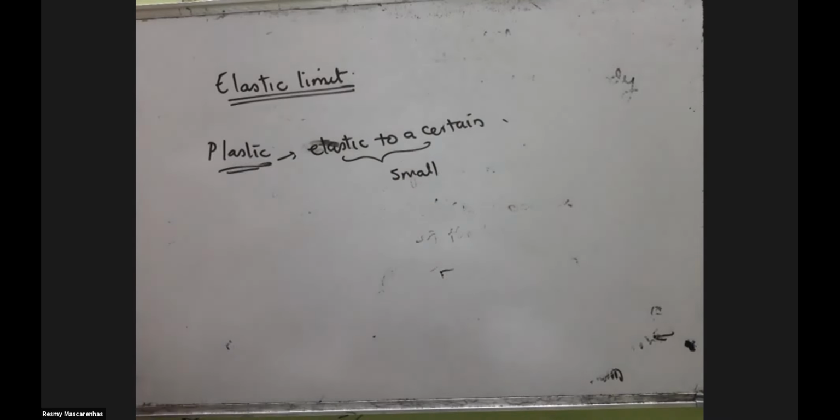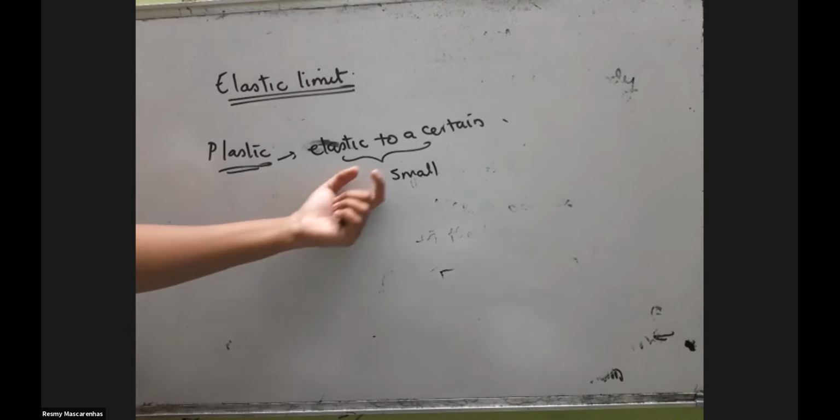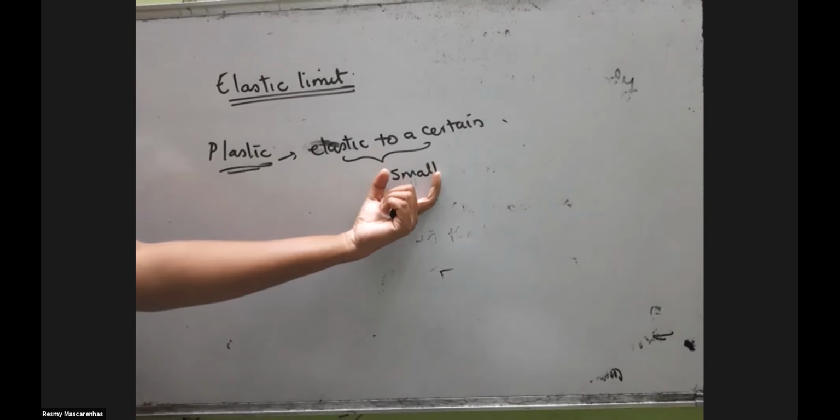If you try to bend it slightly, it may get slightly bent, and then if you leave the force, it will come back to its original place. But if you try to bend it too much, the ruler will break. So certain plastics have elasticity to a small limit.